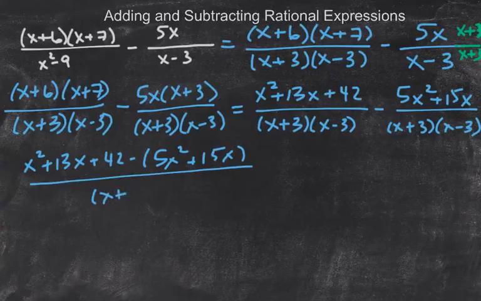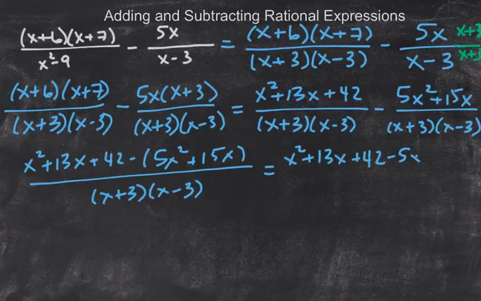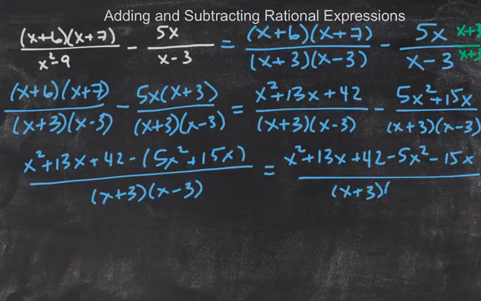The size of my pieces here, so to speak, or my denominator, is x plus 3 times x minus 3. So let's distribute that negative sign, get rid of the parentheses. I'll have minus 5x squared and minus 15x, all over my x plus 3 times x minus 3.